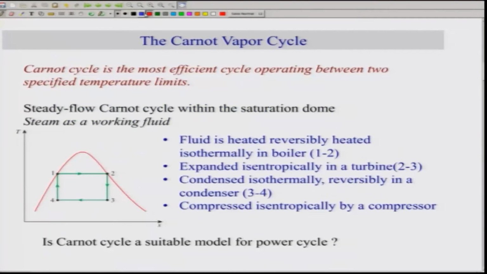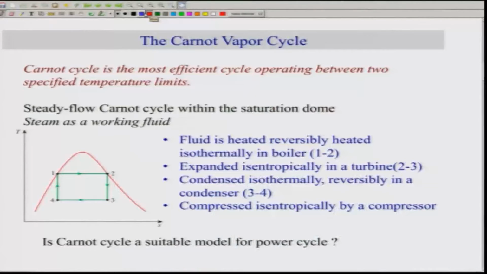So let me start with the basic alternative vaporized and condensed cycle, that is your vapor power cycle in the form of a Carnot cycle. Now, the Carnot cycle is the most efficient cycle which we know, which operates between two specified temperature limits. That means it's very obvious that one would like to make use of a Carnot kind of cycle for the case of vapor power cycle.